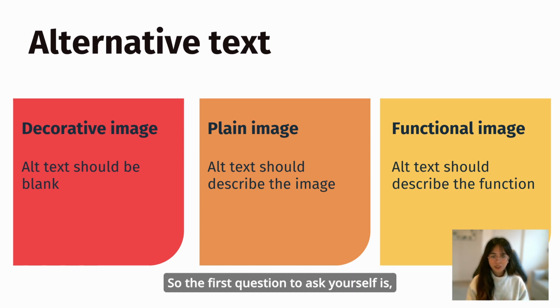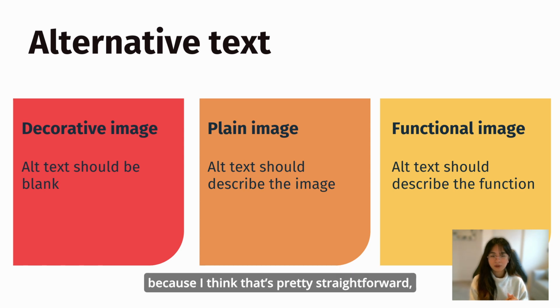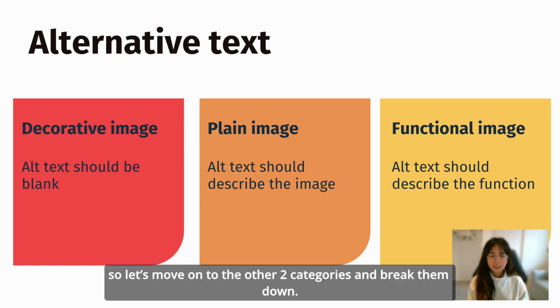So the first question to ask yourself is, is this a regular plain old image? Is this a decorative image, or is this a functional image? I won't go too much into further detail with decorative images because I think that's pretty straightforward. So let's move on to the other two categories and break them down.